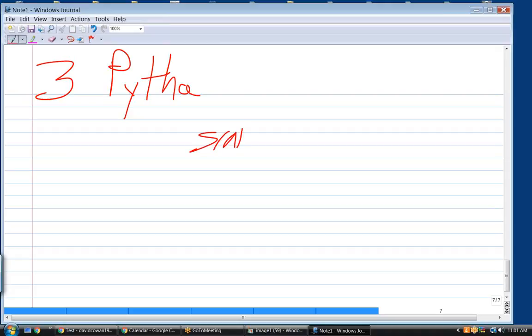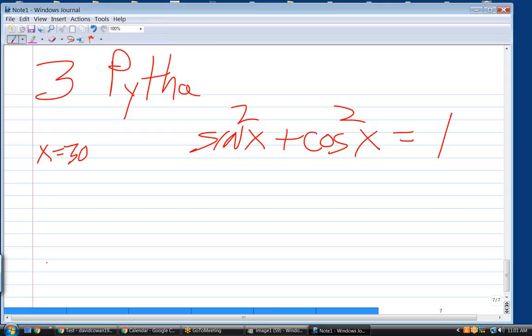We'll start with sine squared of x plus cosine squared of x equals what? That equals 1. No matter what x is, let's just delve into this for a moment. Let's make x equal 30 degrees.